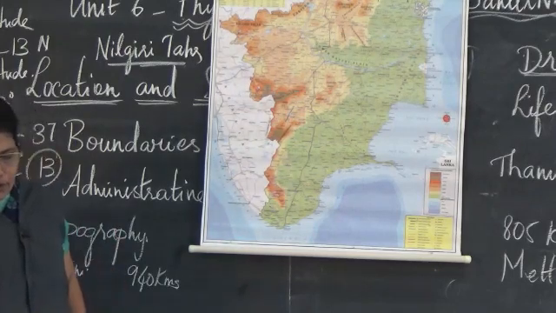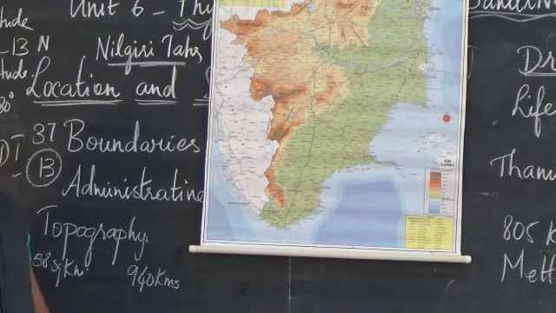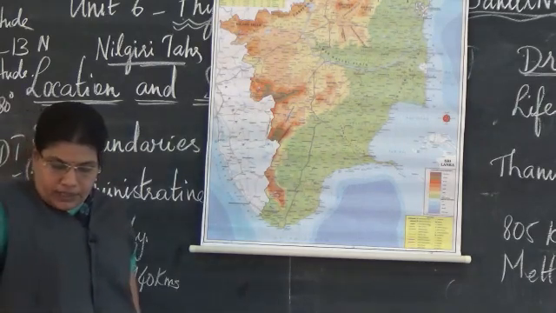The northern branch is called Coleroon, otherwise Kollidam. The southern branch is called Kaveri. Here, the Kaveri delta begins.